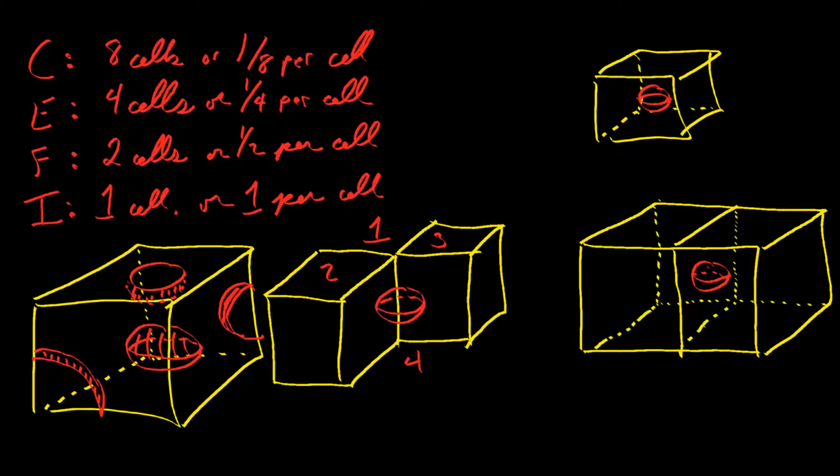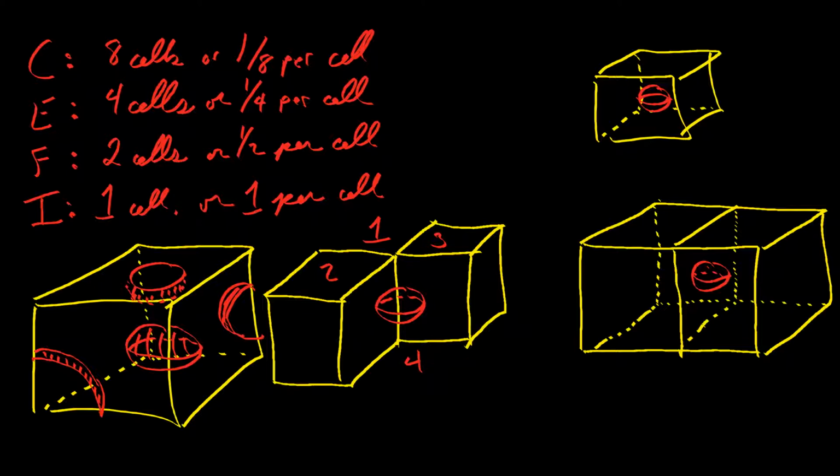Okay. So those are the 4 possibilities for where a sphere or an atom can be located in a unit cell. It can be located on a corner, it can be located on an edge, it can be located on a face, or it can be located inside the cell.